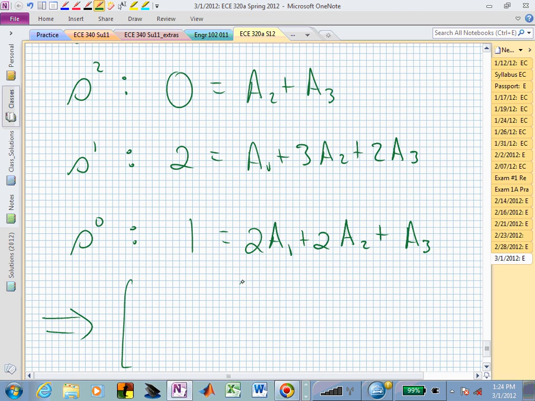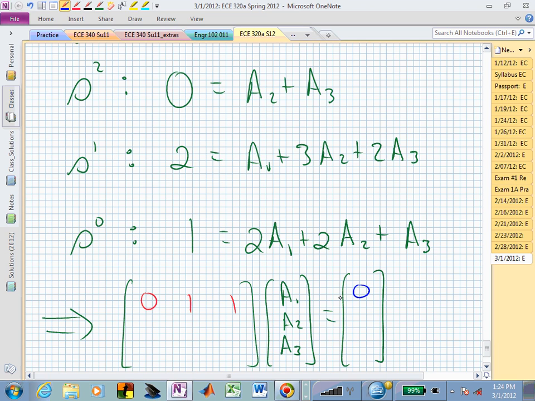How about if I have a 3 by 3 equaling an unknown vector? Is that okay? And now on the left, I have 0, 1, 1, and I have a 0. That's the first equation. The second equation gives me a 1a1, a 3a2, and a 2a sub 3, and a 2. And the final equation gives me a 2a1, a 2a2, and a 1a3, giving me a 1.